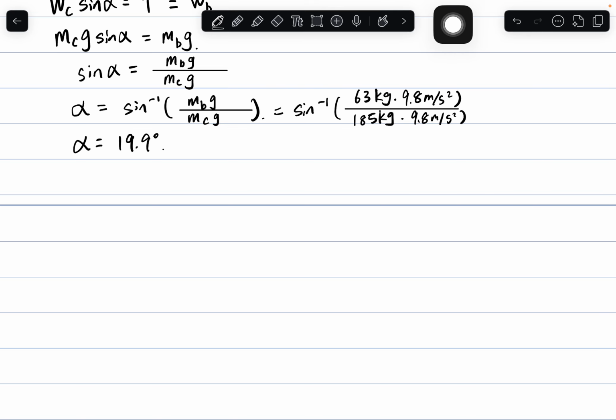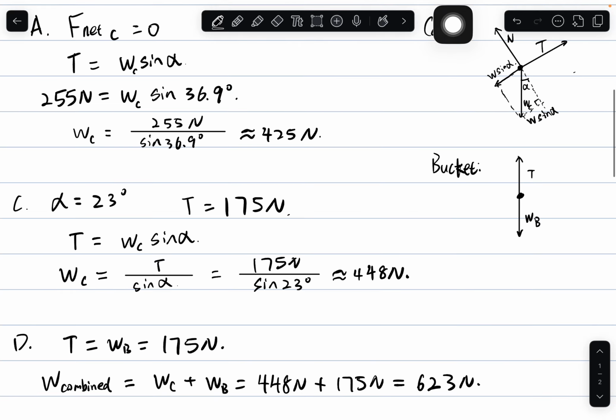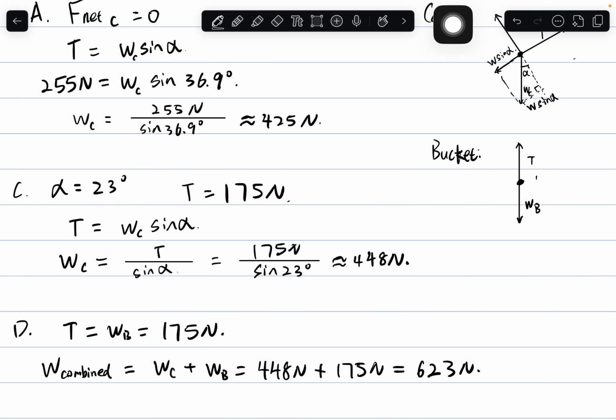In part F, as for the tension on the cable. Since it's moving at a constant speed, on the y-axis the tension on the cable equals the weight of the bucket.